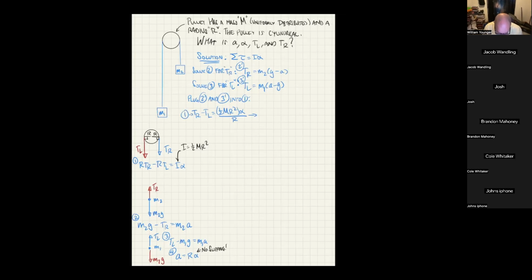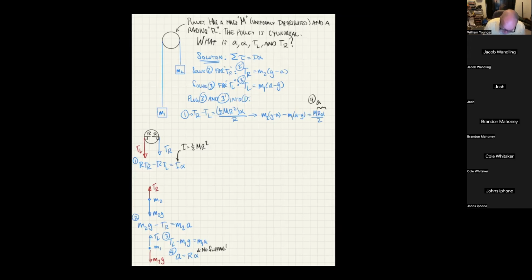So now what I'll do is I'll take that TR, which we found was M2 times G minus A, minus TL, which I found was M1 times A minus G. That's going to be equal to MR alpha over 2. So I now see that I have an A in there, and in fact, this quantity right here is R times alpha, which is A. So that's equation 4 that we're using there.